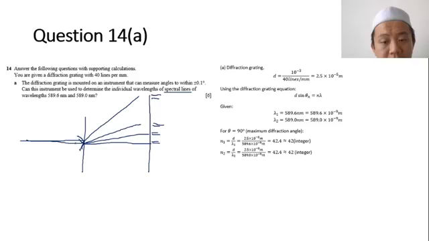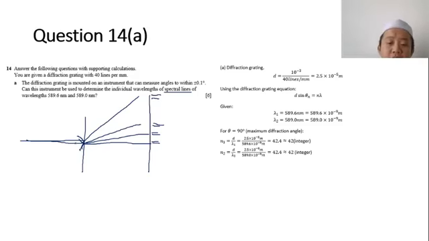So either we just assume the smaller wavelength will give the higher order, or we can actually just use it manually. So kita akan tahu both of them will give the maximum order is 42.